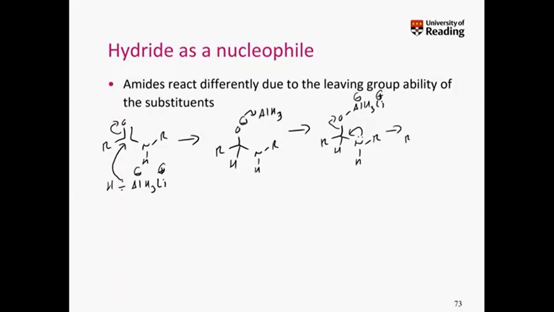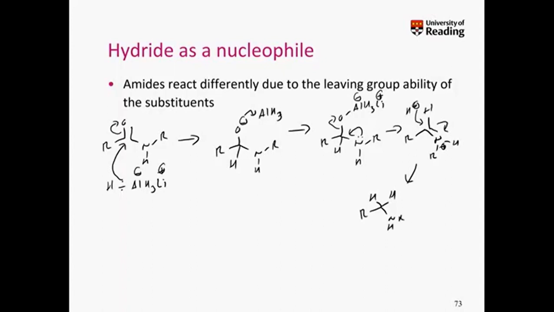So what we then end up with is some kind of iminium cation, which we can again take H minus, react with this, and ultimately give us, we would have added two hydrogens, and end up with an amine.